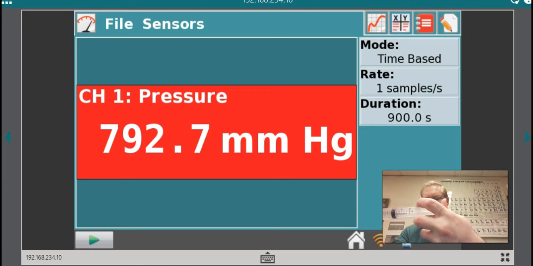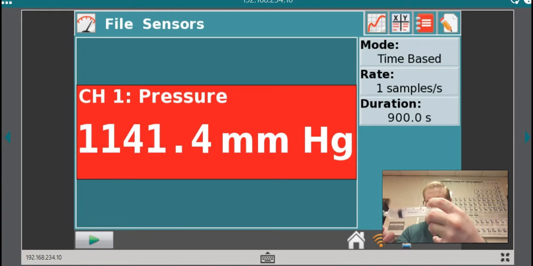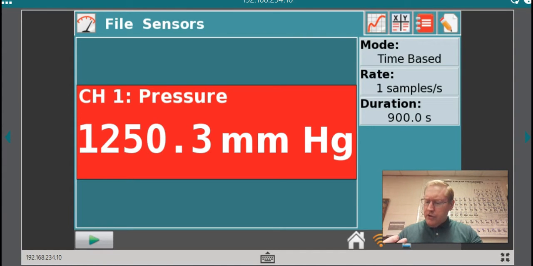in on the plunger of the syringe until it reaches 5 milliliters. There it is. And you've got to kind of hold it steady.